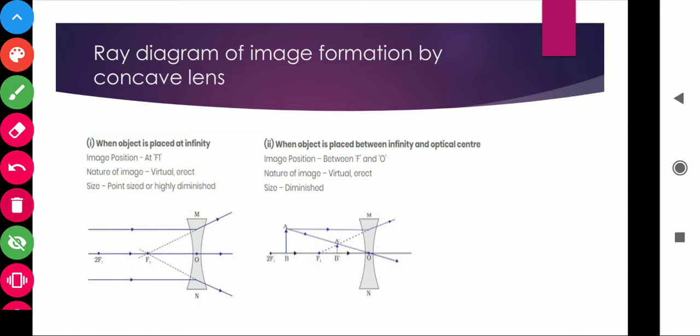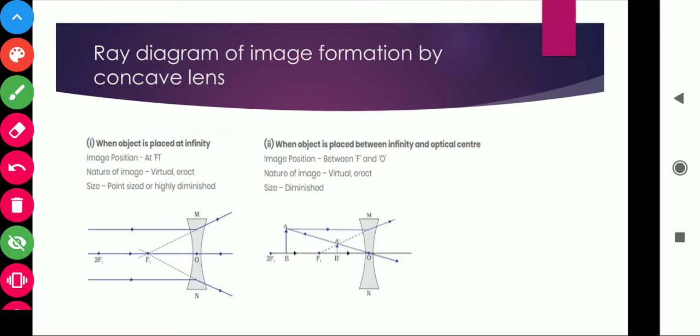And when these both rays join, they intersect at A1. And when we draw the perpendicular, we get A1 B1. This is the image. You can easily write about it. It is diminished, virtual and erect, and the position is between F and O, focal point and optical center.